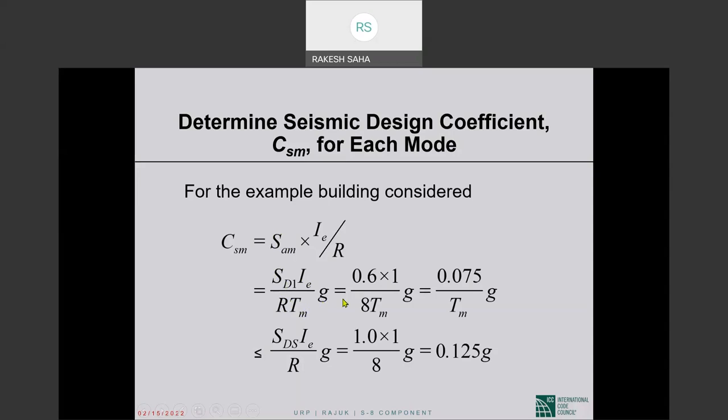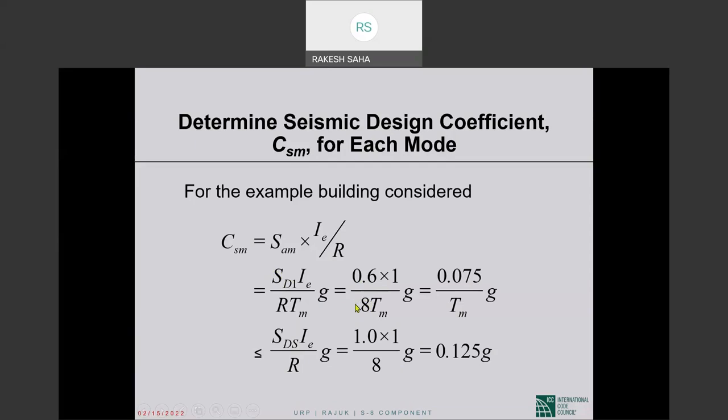And then that comes in our case to S sub D1 is 0.6. The G has to be inserted because that is a coefficient. We need an acceleration. So the S sub D1 is actually 60% of G. I is 1, R is 8.